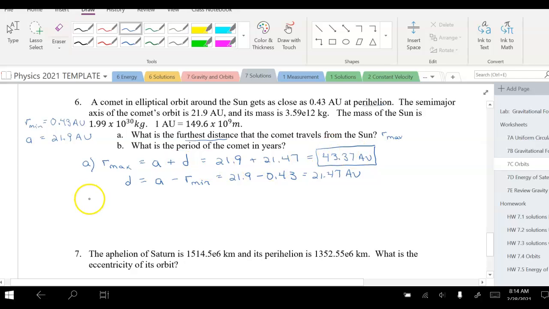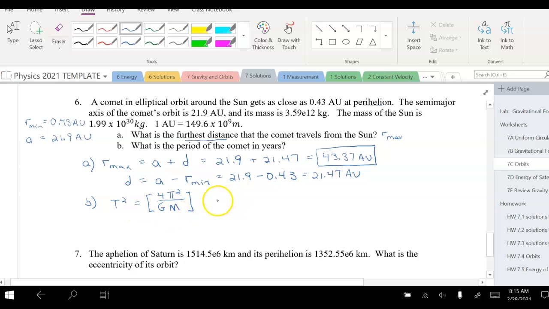Okay, then I'd like to find the period of the comet in years. Okay, so this is Kepler's third law, which says that the square of the period is proportional to the cube of the semi-major axis. So let's see, it's 4 pi squared over the universal gravitational constant and the big mass.